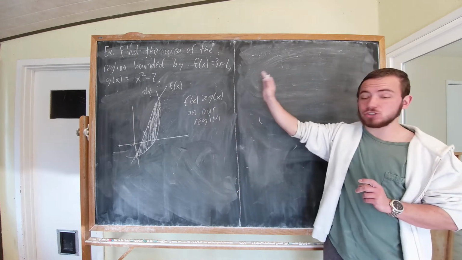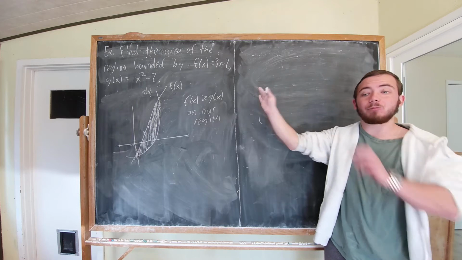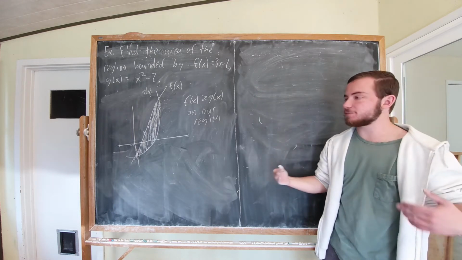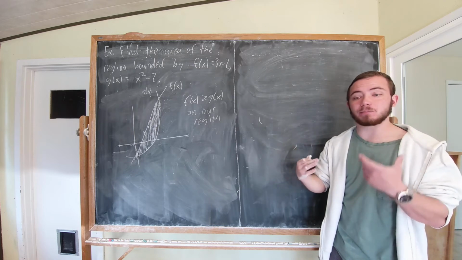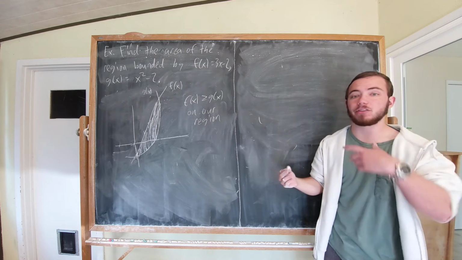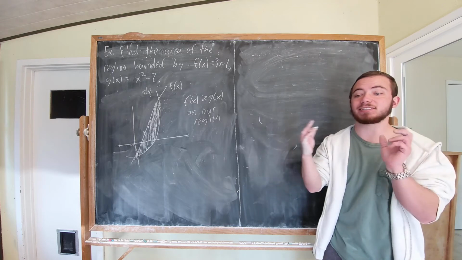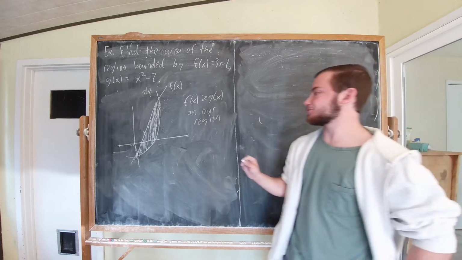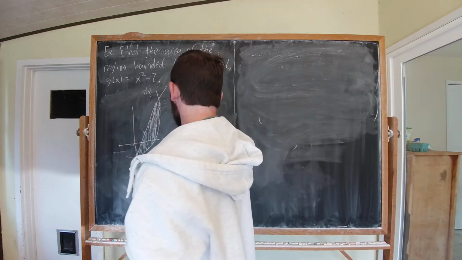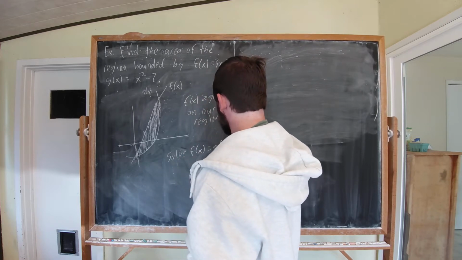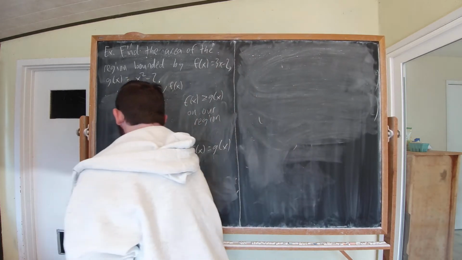We can just set the two functions equal to each other, and whatever values for x pop out, those are going to be the intersection points of the functions, right? Because that's what it means for a point to be on the graph of both functions. It means it's an x-coordinate that makes those two things equal to each other. All right, so we solve f of x equal g of x to find bounds of integration.